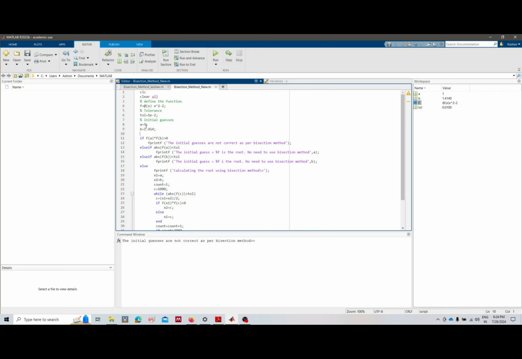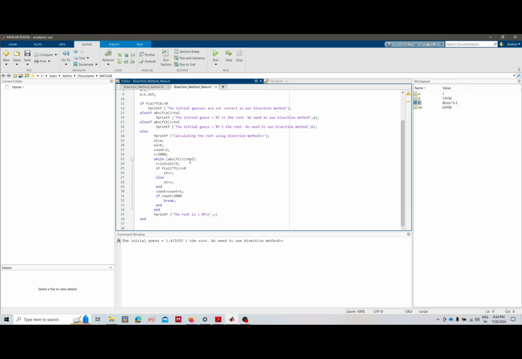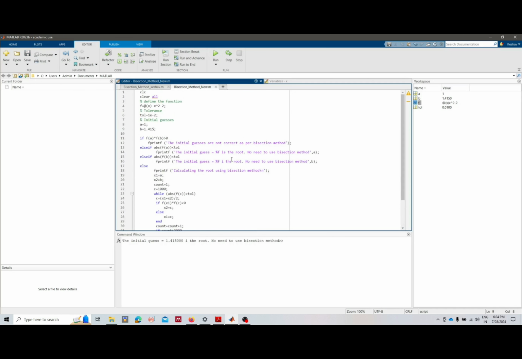It is showing, since 1 is negative, this may be showing the value negative. So this is one of the rules, no need to use the bisection method. Okay, like that you can make the code for the bisection method.